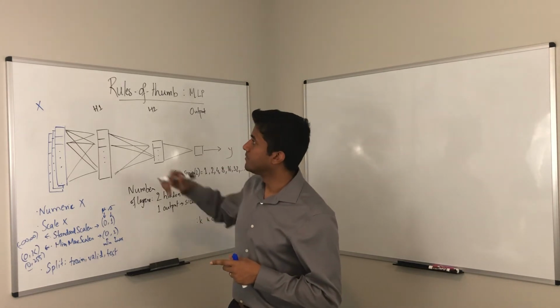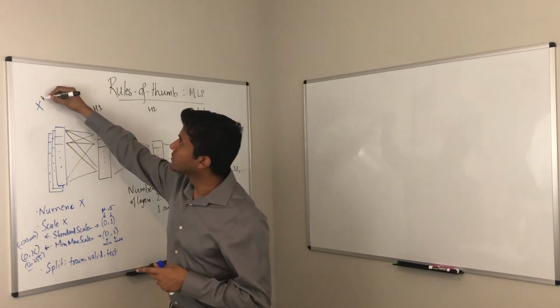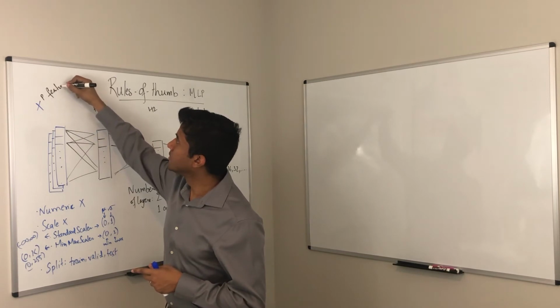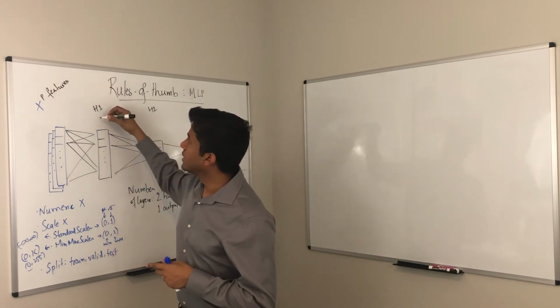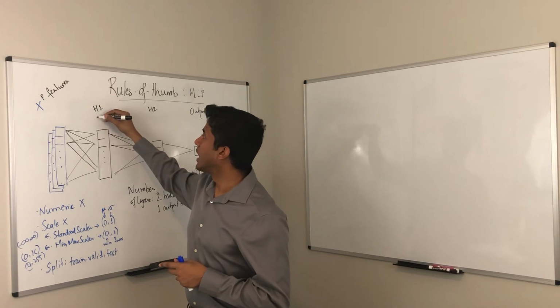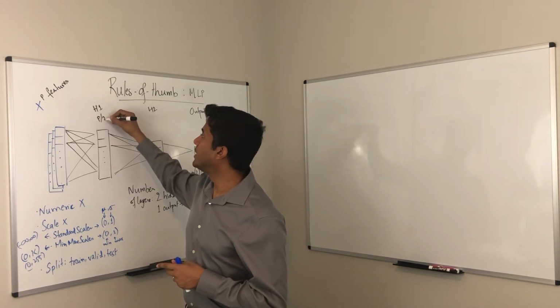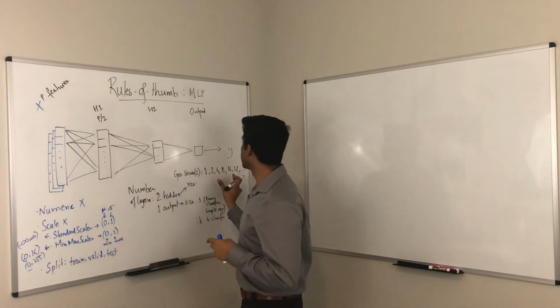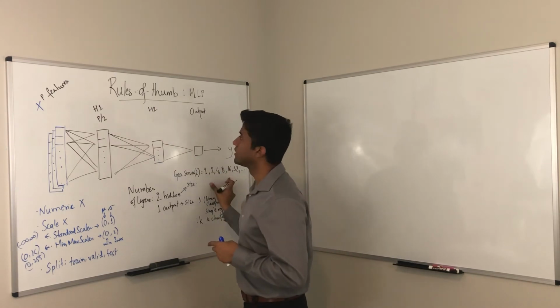For example, if my X has P features, in the first hidden layer, I will take the number in this series that is closest to P by 2.